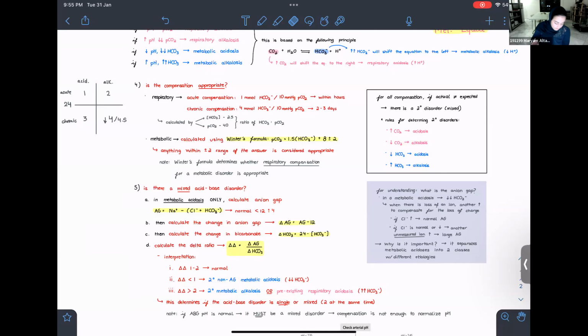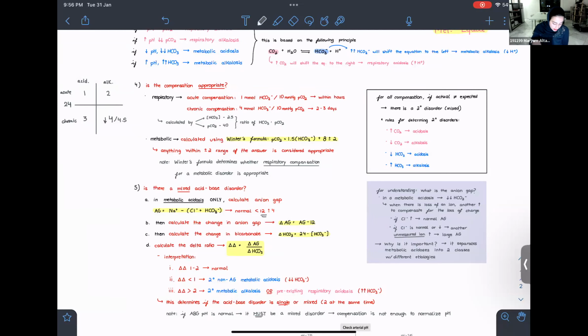Now, for metabolic acidosis, you will always calculate the anion gap. So anion gap is sodium minus the sum of chloride and bicarb. Normal is usually 12 or less, plus or minus 4, that's usually the range.